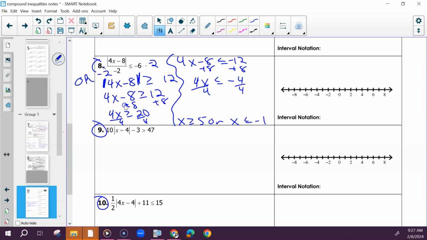We should have gotten x is greater than or equal to 5, or x is less than or equal to -1, or if you switch those two, that's fine. And then graph them.